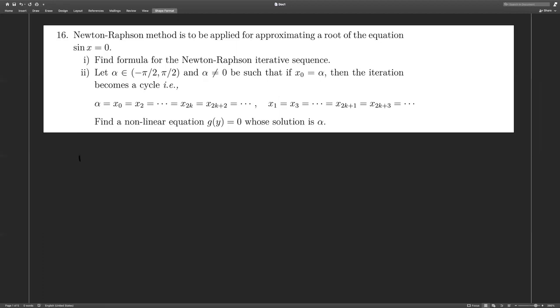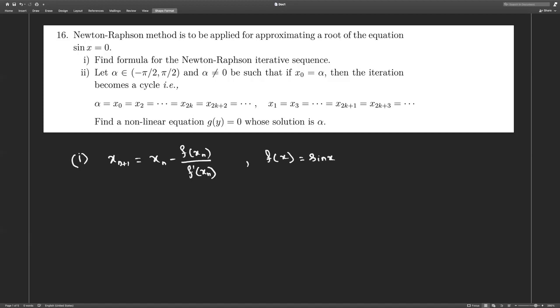For instance, in this case, the iteration sequence for Newton-Raphson method is given by xn plus 1 is equal to xn minus f of xn divided by f dash of xn, where f of x is given by sin x.